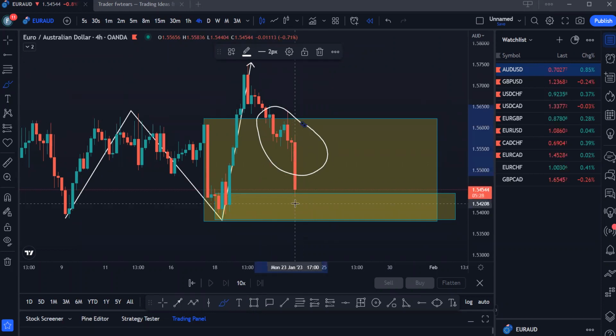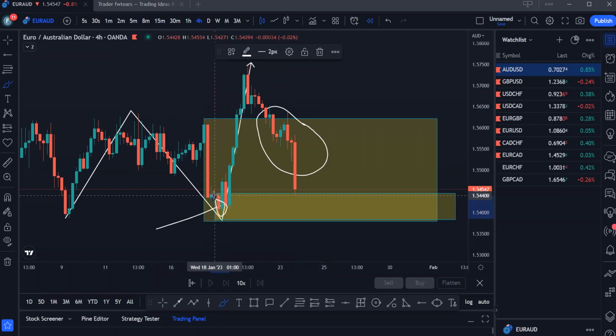And trust me, SMC is also gradually becoming a retail concept. So if you are only considering this extreme without considering liquidity, that means you will be the liquidity that will be grabbed here.